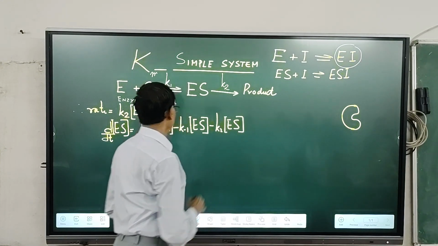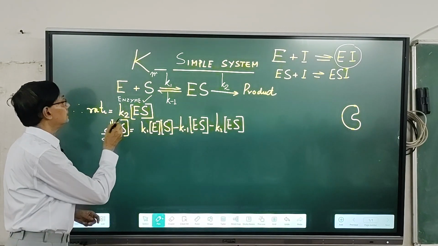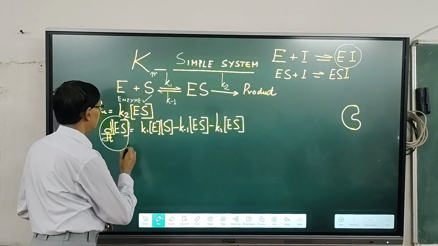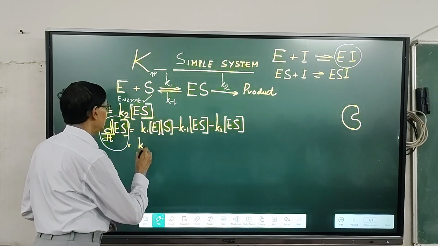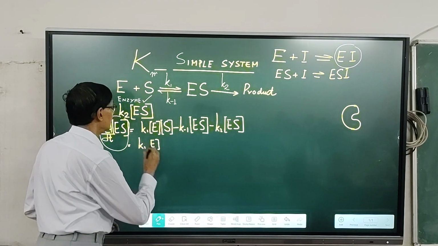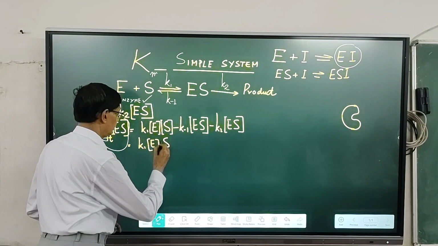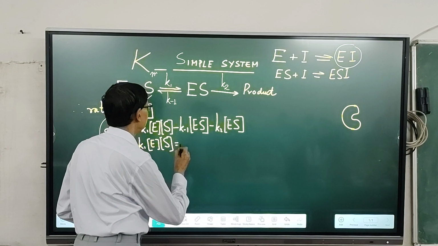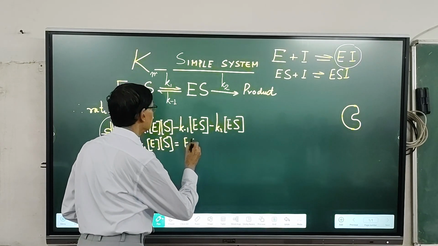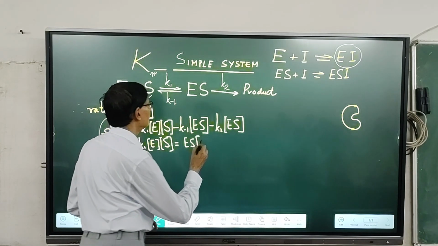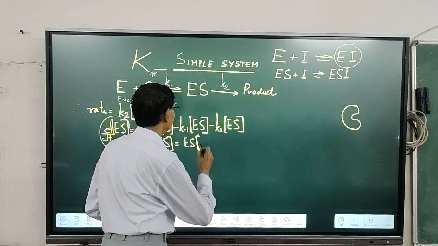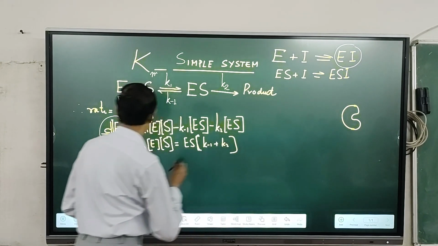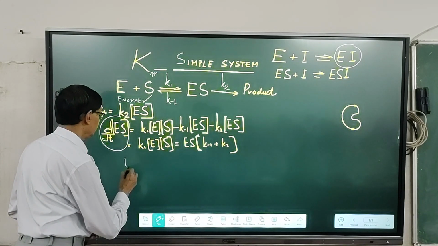Only one step. Because it is steady state approximation, it becomes 0. So we can write like that: K1, ES. Or directly you can write like that.